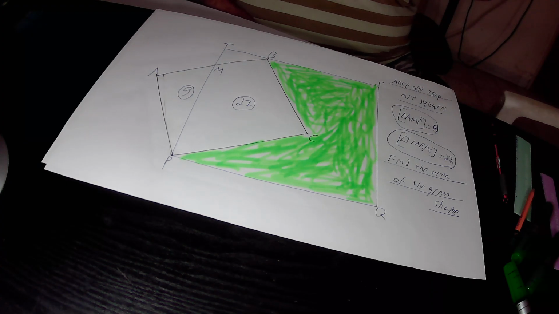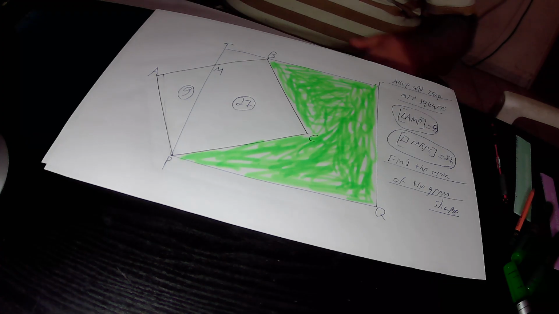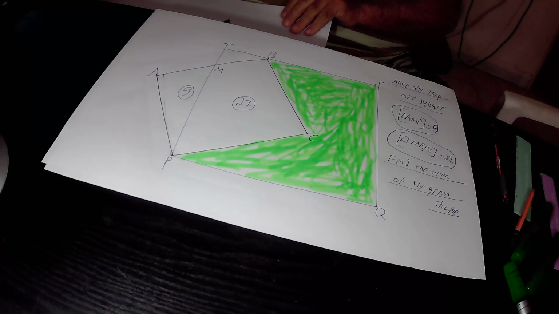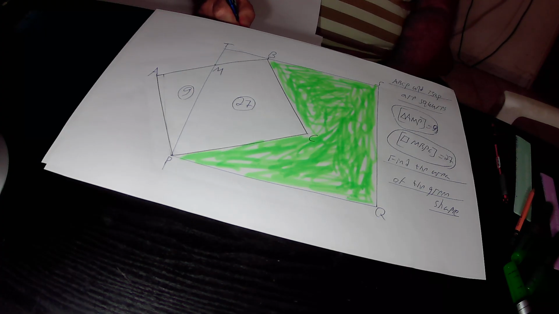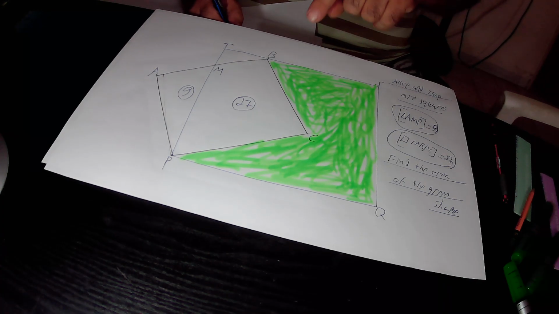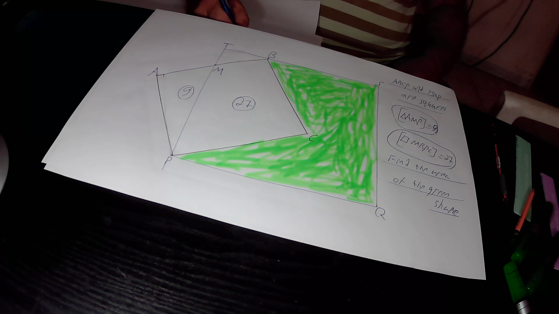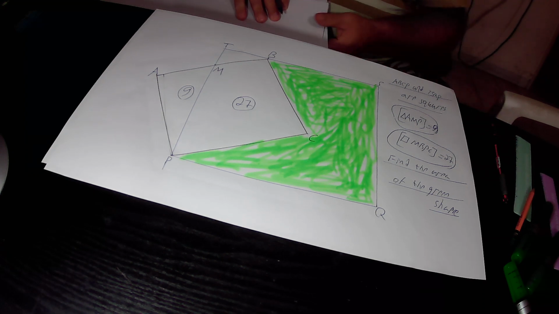So in total, the area of this quadrilateral ABCP will be equal to 27 plus 9, that is 36 square units in its size. So I write it down. The area of square ABCP is equal to 36 square units in its size.